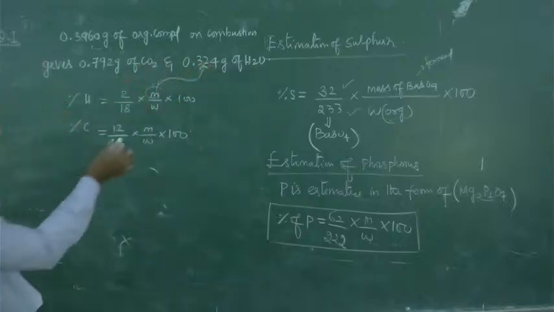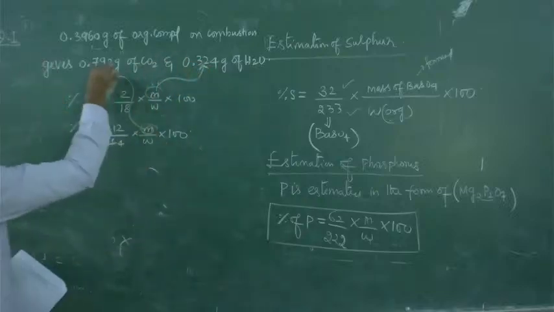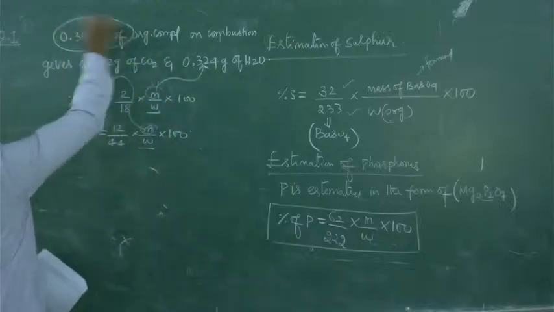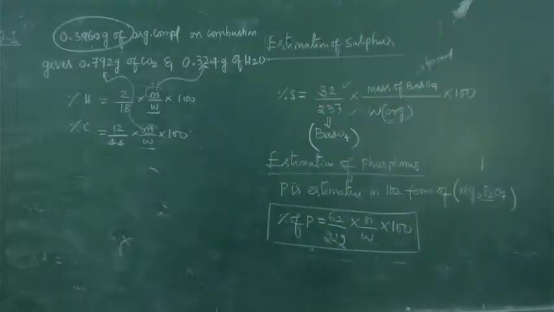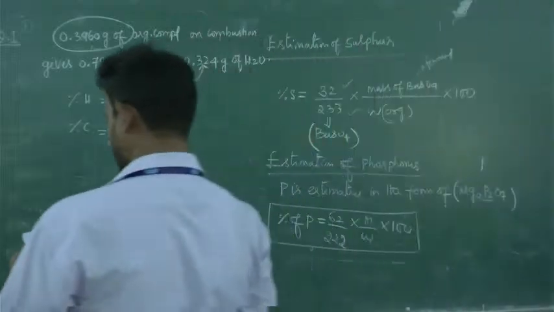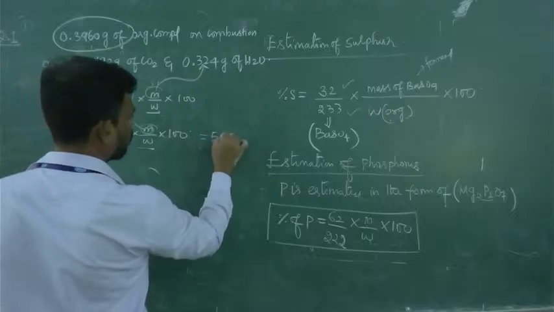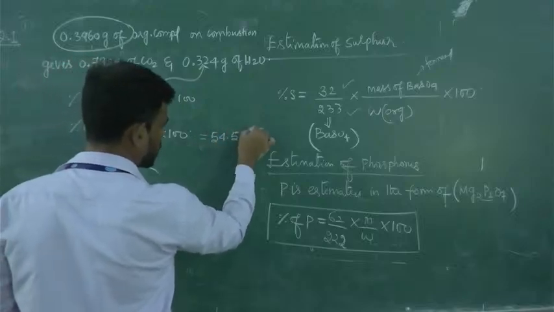What is the small m in the carbon formula? Mass of CO2 that is formed. The weight of the organic compound is given, 0.396. That's all. Straight away you just have to substitute in the formulas. You check the answer. The percentage of carbon is 54.55%.